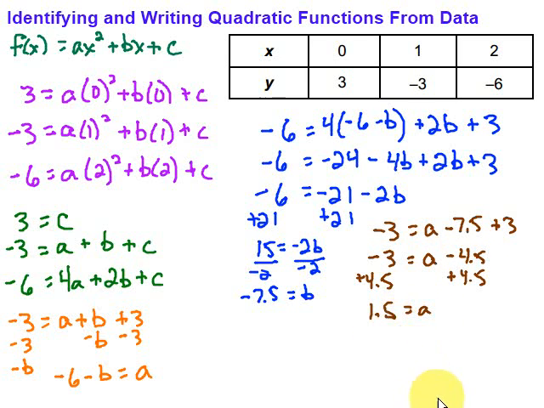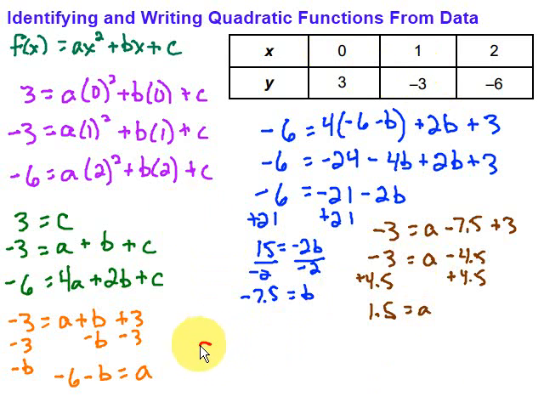Then my final step is going to be to take the a, b, and c and insert those back into my standard form equation, so that I have the function that represents those three ordered pairs.